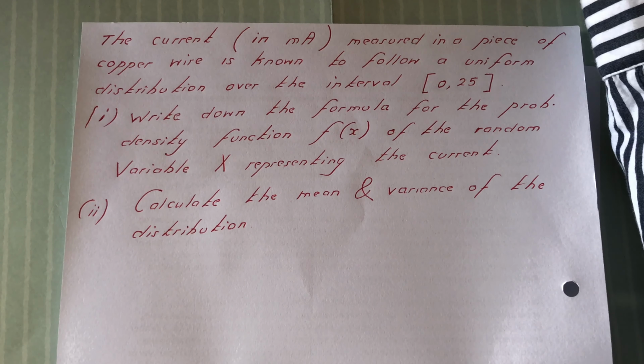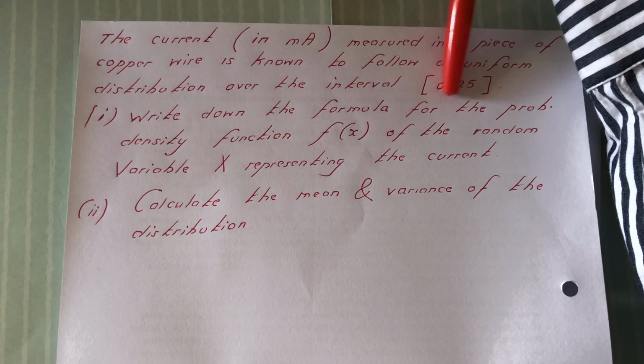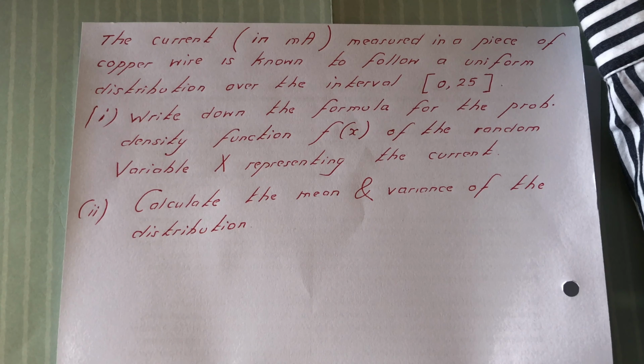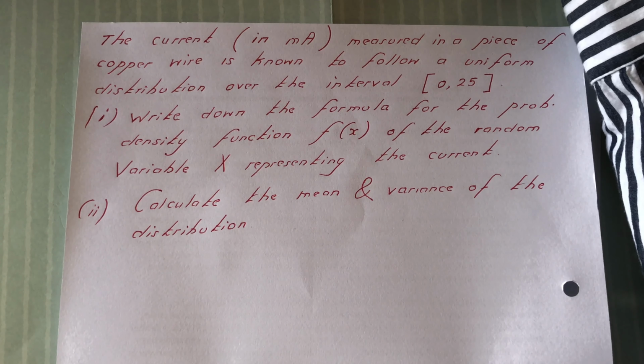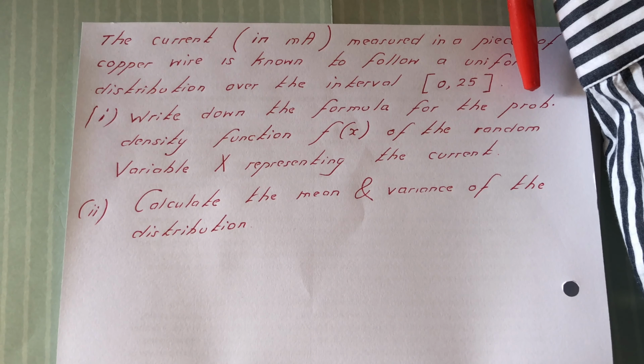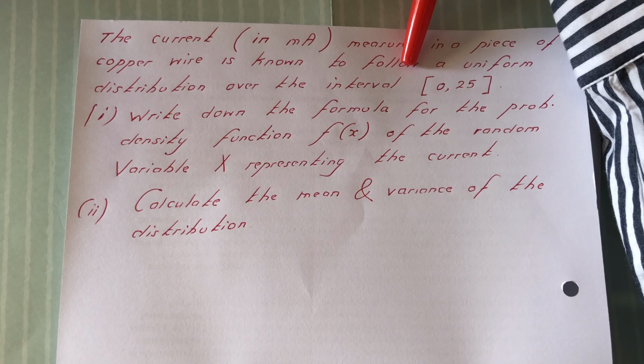So from the question, we have a uniform distribution over the interval 0 to 25, which means we have a continuous uniform distribution, or simply a rectangular distribution. We need to find the probability density function, the PDF, of this variable.